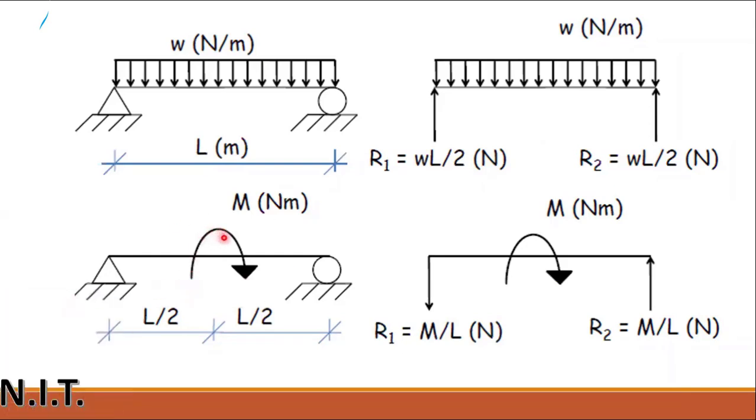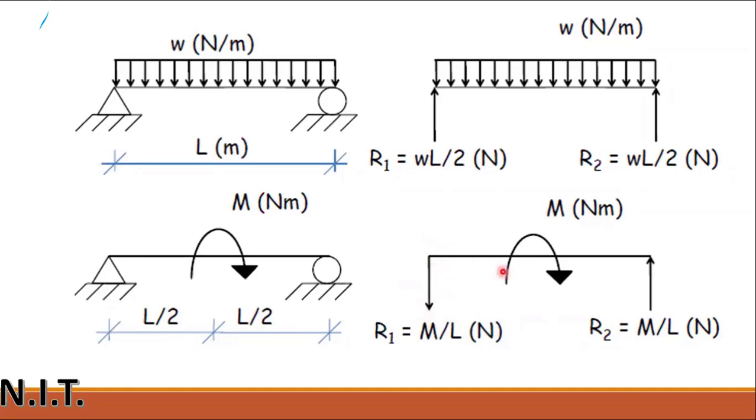If there is a moment applied on a beam, in case of moment application, a moment is applied in the center of the beam, then the length of this part is L by 2 and L by 2. The reaction in this case will be M over L and M over L. R1 will be M over L and R2 will also be M over L. But remember these signs.